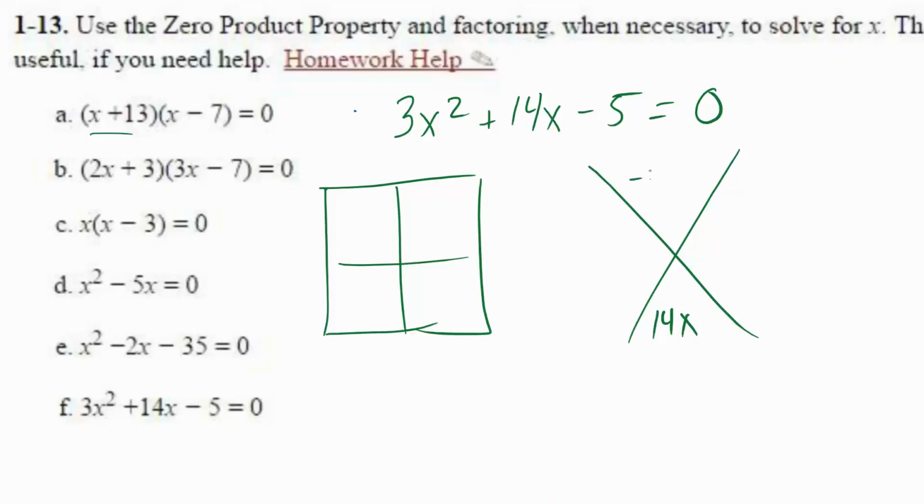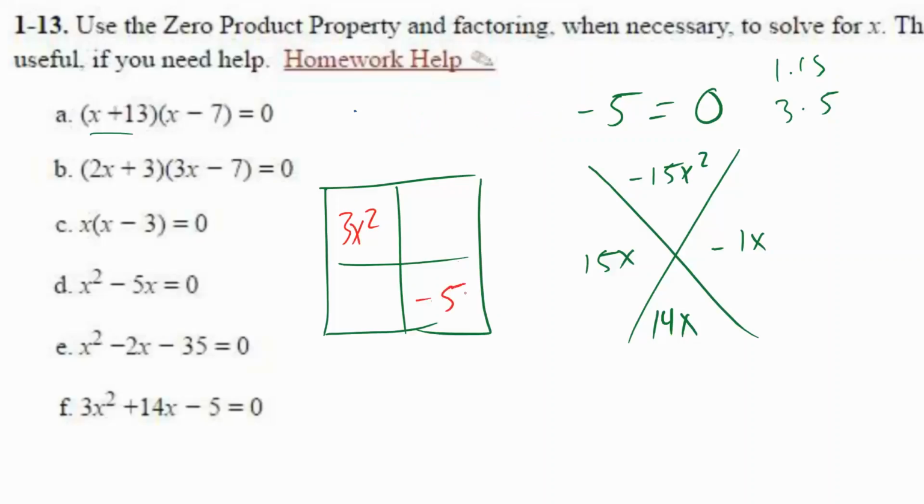And then our negative 15x squared here. Our factors of 15 would be 1 and 15 and 3 and 5. So it looks like if I put a positive 15x and a negative 1x, that would add to positive 14 and multiply to negative 15x squared. So let's go ahead and put that into our box.